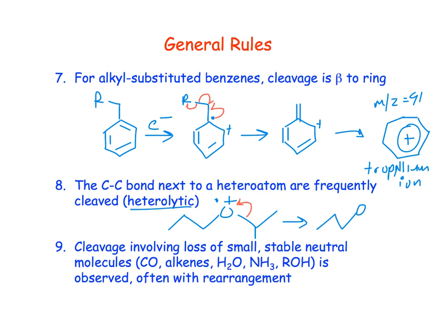And so we end up with a plus here and a radical. No, that's wrong, sorry. Plus doesn't stay there. We get a radical on the oxygen side and a plus on the other side.